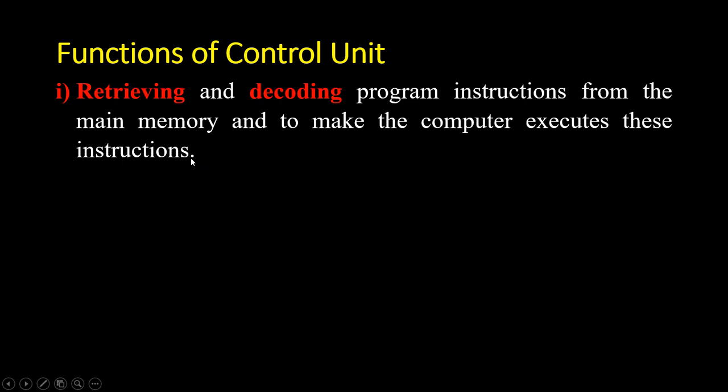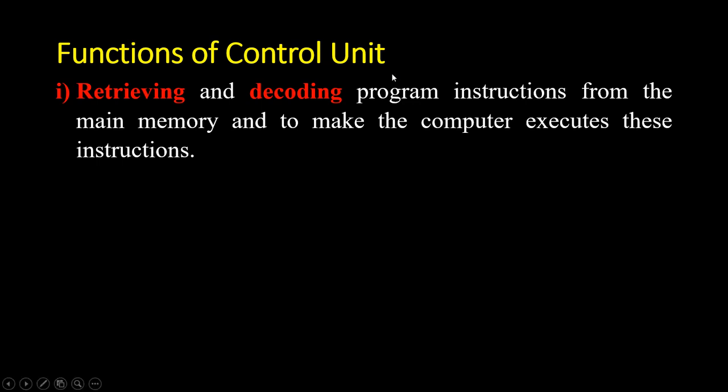So one point you should know is that it is retrieving and decoding. You have known that retrieving is to fetch, to get something, and to decode is to interpret, to make something understandable by the others, which are those computer components.